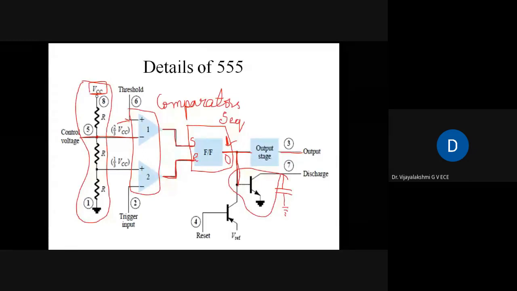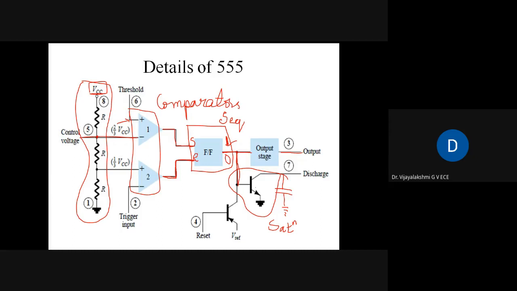Whenever I give a high input to the base of the transistor, it enters into saturation mode. Whenever I give a low input to the base, it will enter into cutoff mode. This you already know. So whenever the output of the flip-flop is 1, that 1 is given to the base of the transistor. So this transistor enters into the saturation mode, and that's how the capacitor will discharge.